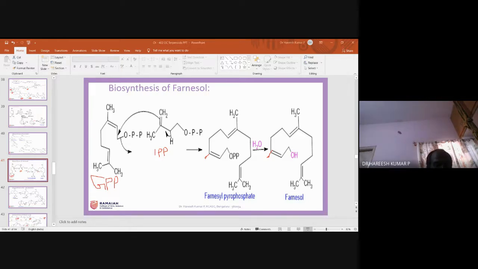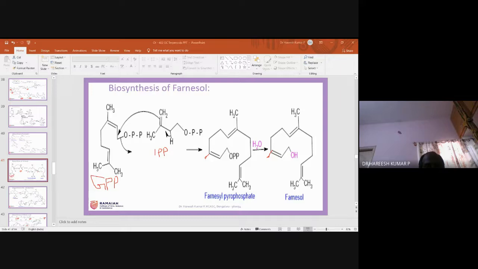How does the bond form? The bond pair can come over here and form a bond with this carbon atom. What is the leaving group? OPP is the leaving group. So there will be a new bond formation between this carbon and this carbon.